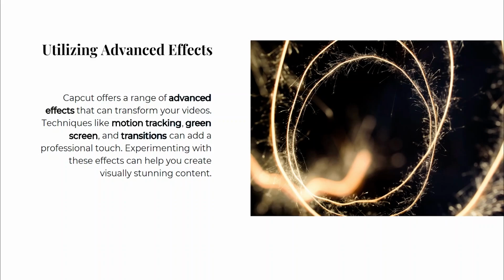And you can also use green screen. Using green screen, you can remove the background and maybe replace it with a different background. And also we gotta learn about some advanced transitions between videos.